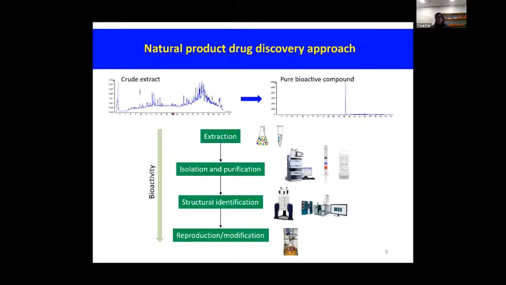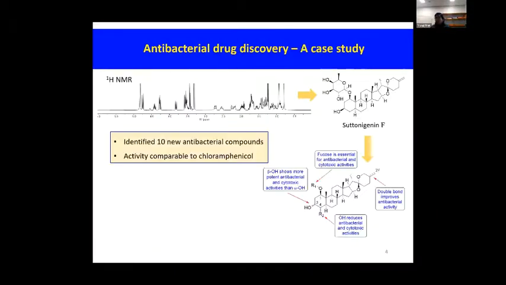The whole process should be controlled and guided by bioactivity assays, so the assay is also very important in drug discovery. This slide will show you one of the cases we obtained, and we got very good results from this plant extract.